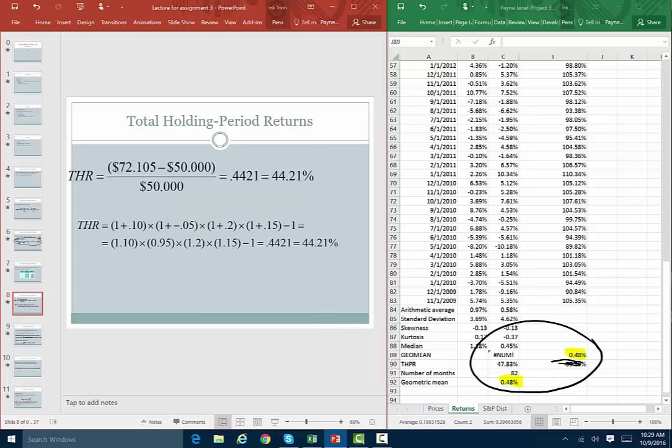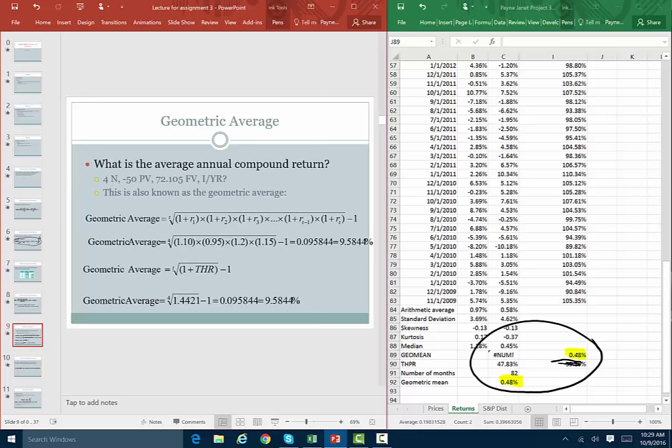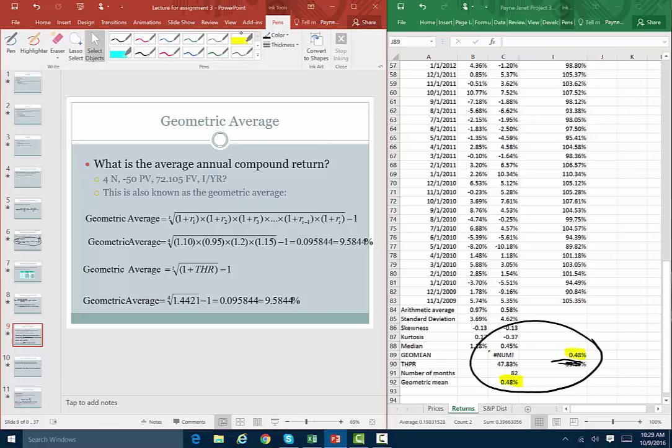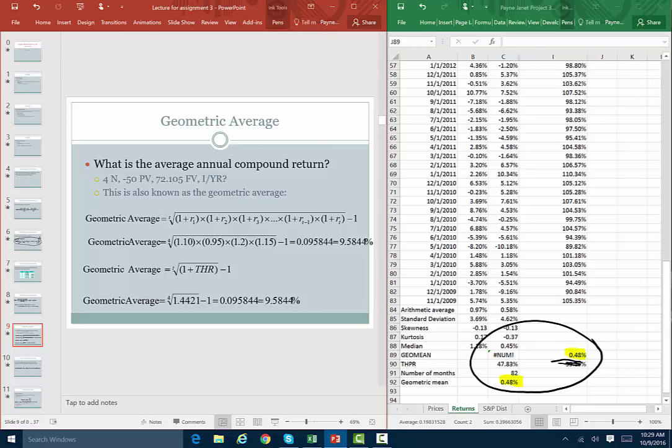You've got the total holding period return, which I calculated on my spreadsheet, and the geometric average is: you take all of those, multiply them together, and take the t-th root. In this case, t is 4, and we get 9.5844%, which is also equal to 1 plus the total holding return, take the t-th root of that, subtract 1. You get the same number using either.